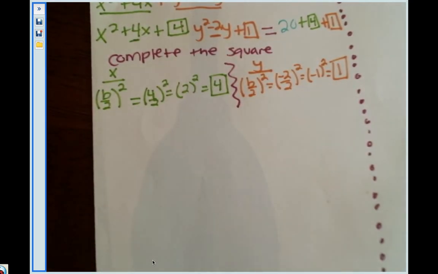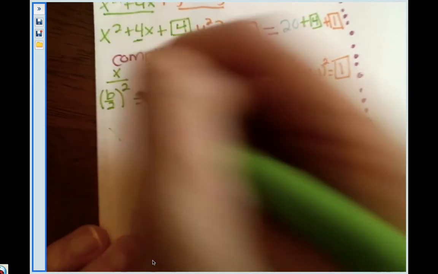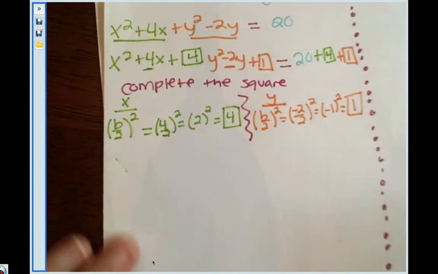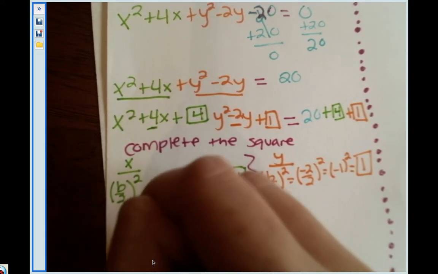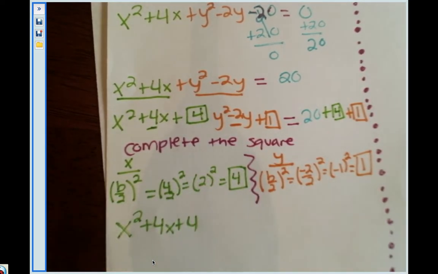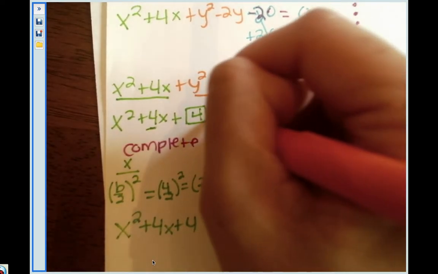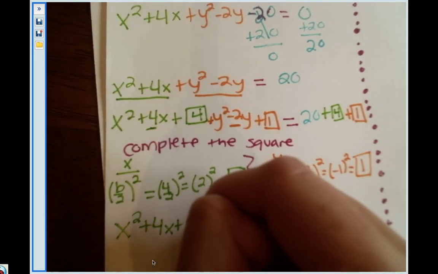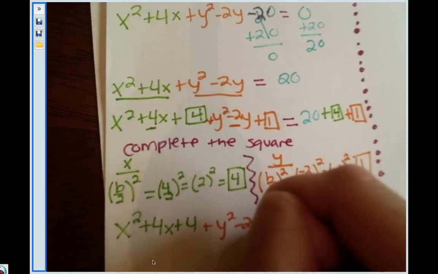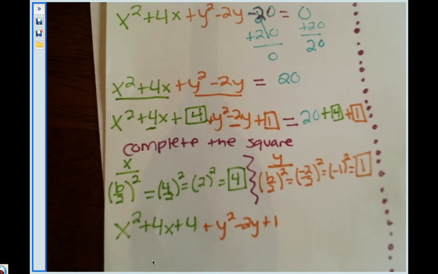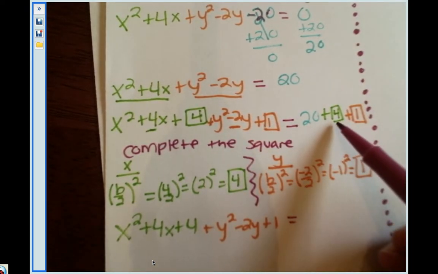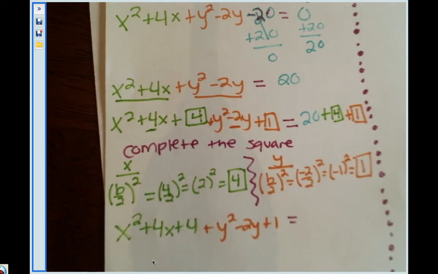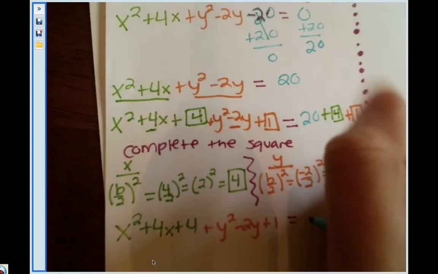So we're going to have x squared plus 4x plus 4, plus y squared minus 2y plus 1 equals 20 plus 4, which is 24, plus 1, which is 25. Okay, we're getting closer.